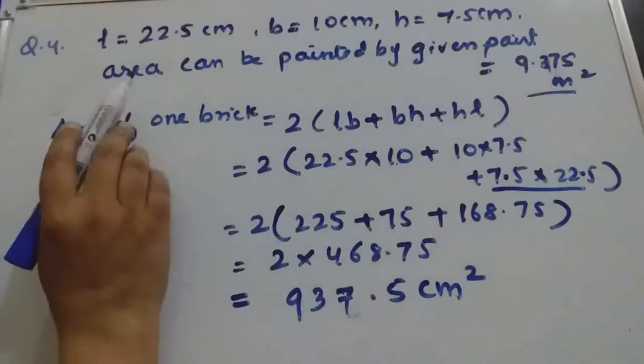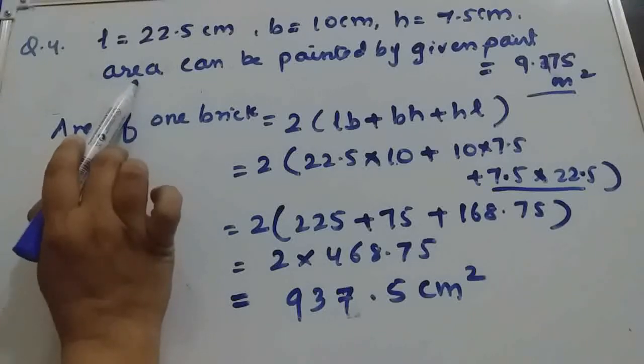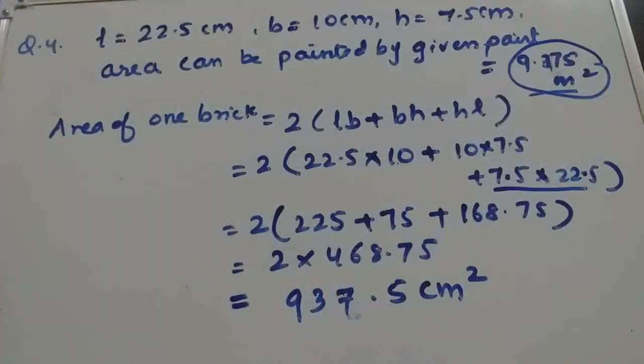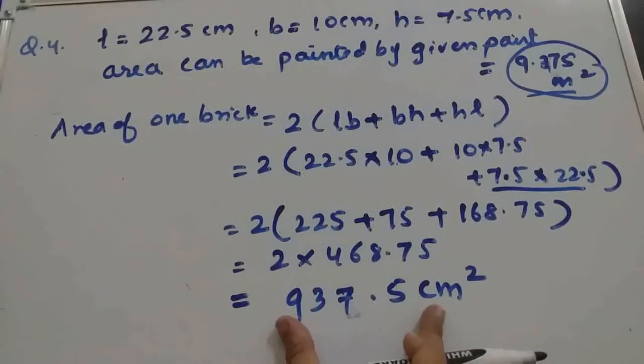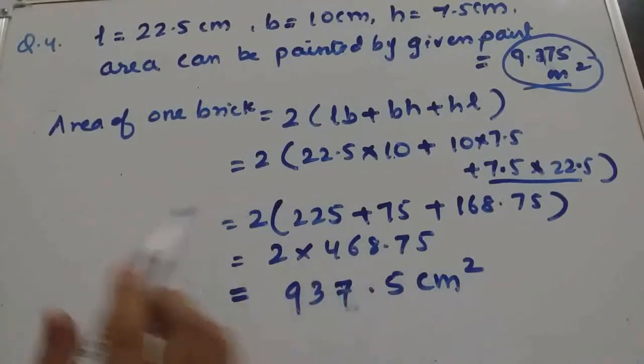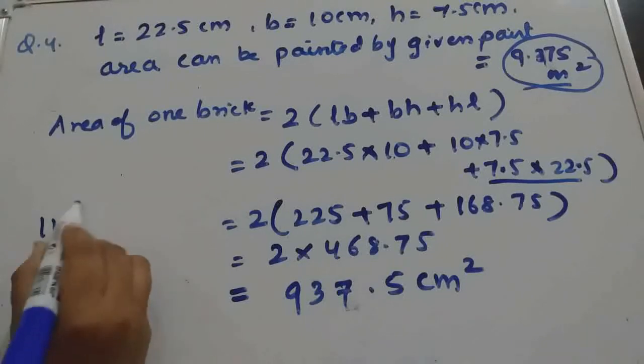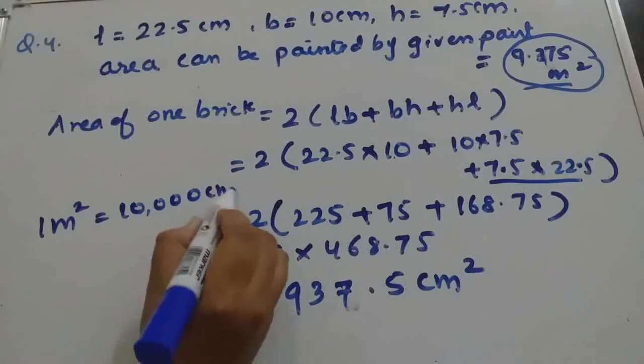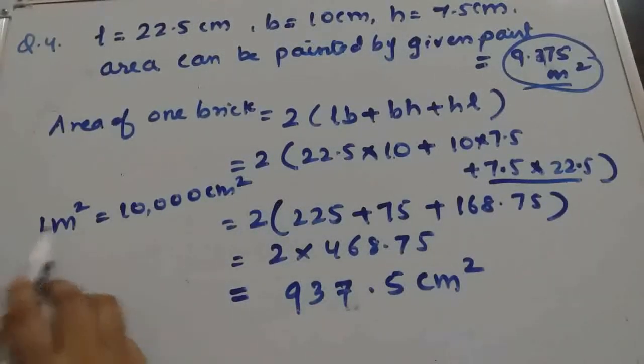But here you should observe that the area that can be painted by the given paint is in meter square. So we should convert this centimeter square into meter square. Now we know 1 meter square is 10,000 centimeter square. How did it come?